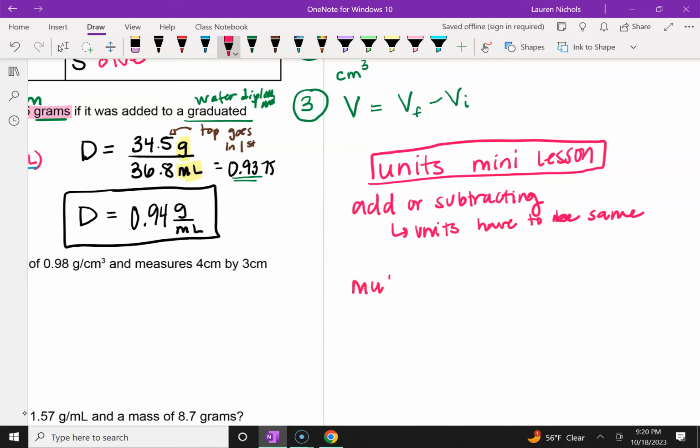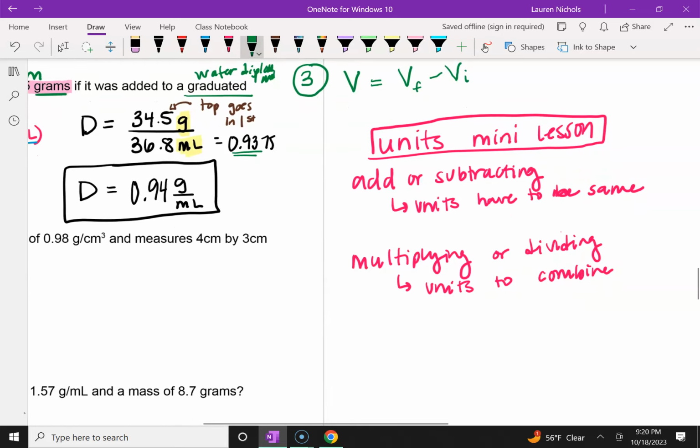But when you are multiplying or dividing, the units are going to combine. So for example, if I have 10 milliliters plus 5 milliliters, since they have the same unit, that means I'm allowed to add them together, and they don't combine. It's just going to be 15.0 milliliters.